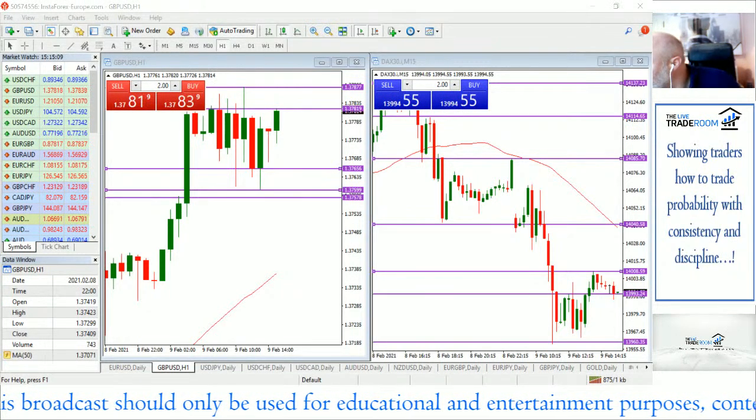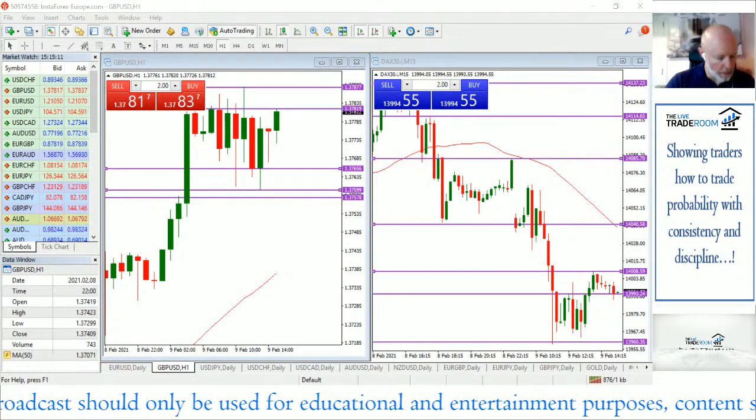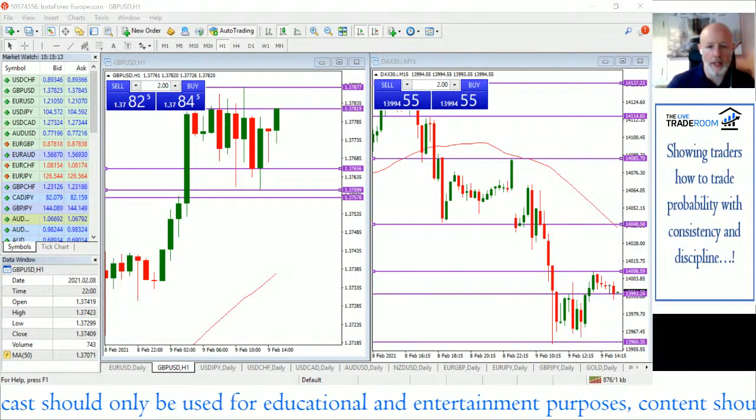So we're going to look at 14.087 as a stop loss.